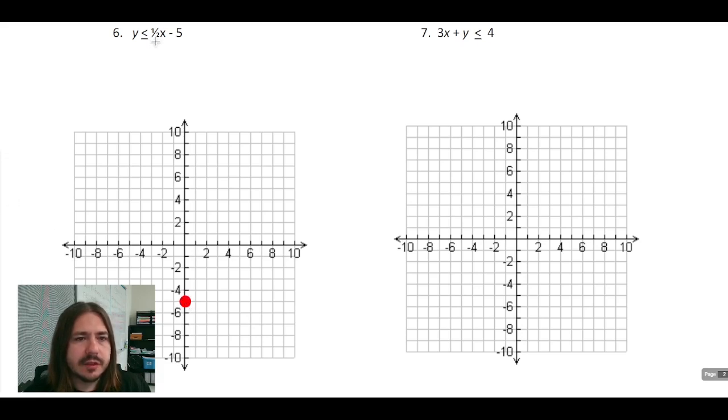Here. The slope here is 1/2, so we're going to go up 1 over 2, rise 1, run 2. And I'm not going to do every single point on here, but just enough to really get a good idea of where this line's supposed to be. Probably enough. That's probably more than enough.